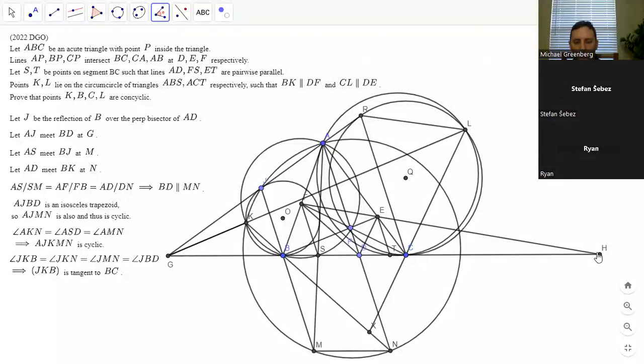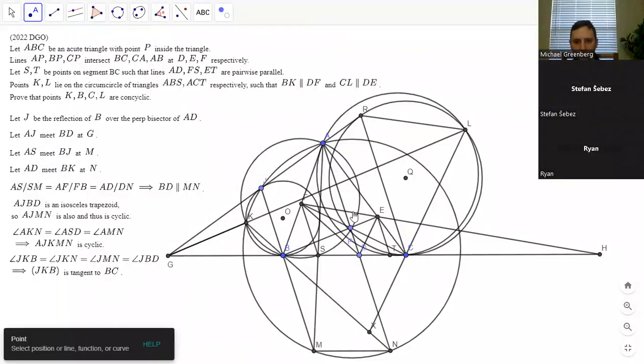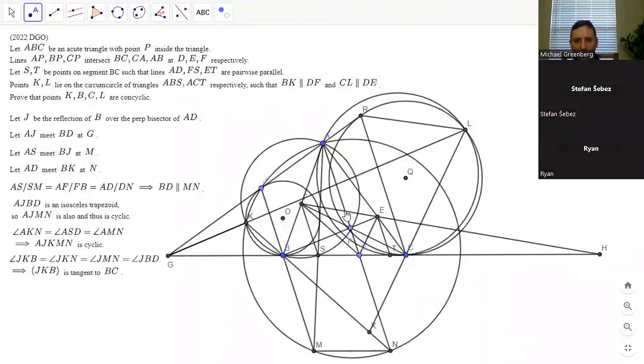Oh, we need to prove that FT and SE intersect on AD. That is equivalent. Oh, you know what? Actually, I think it's easy. So here's my proof. FUEH is harmonic, right?